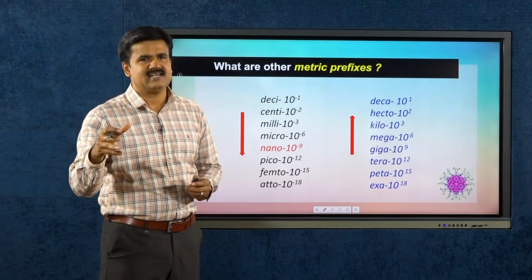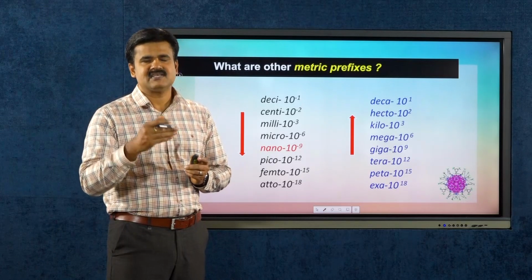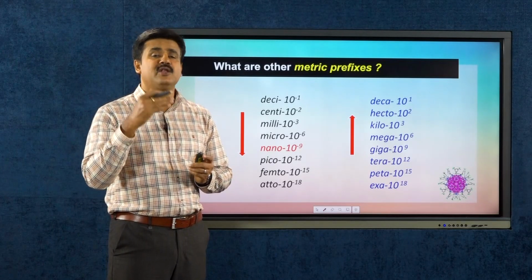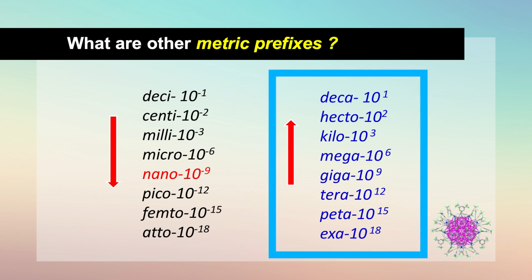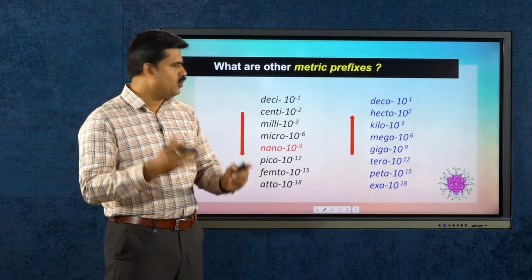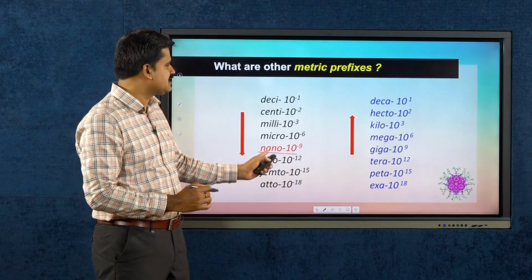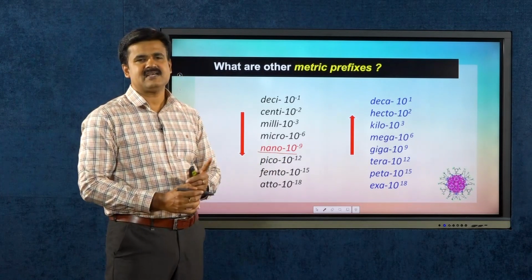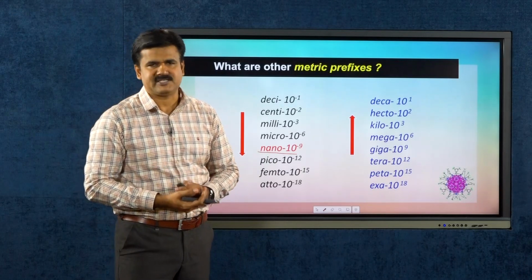So, in general, we are using metric prefixes to represent some bigger quantities or some smaller quantities. Now, our nano, that is 10 raised to minus 9, appears on the left hand side, and 1 nanometer is equal to 10 raised to minus 9 meter.